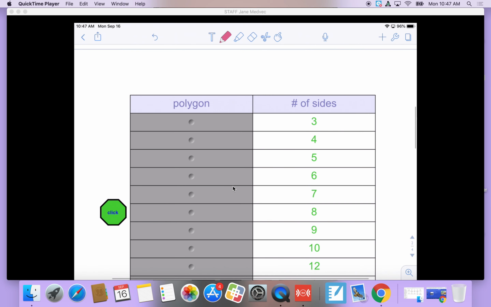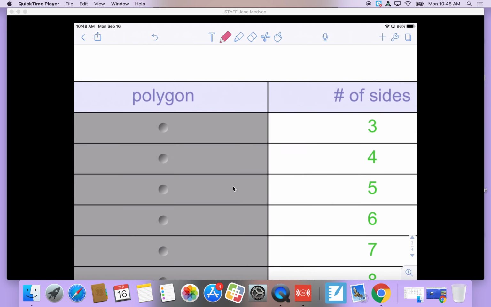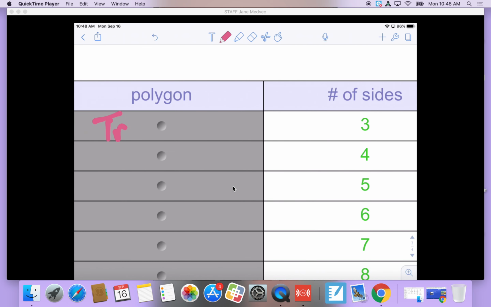Now let's talk a little bit about polygons and the number of sides. Each polygon is named according to its sides. A 3-sided figure is a triangle. A 4-sided figure is a quadrilateral. Now, some students say a square or a rectangle.